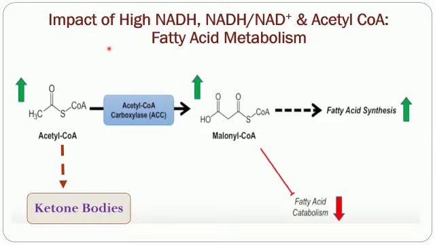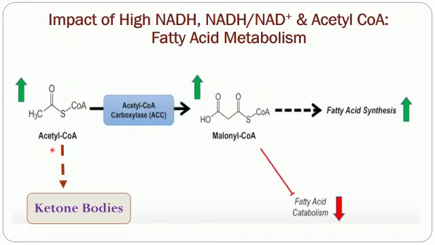Now the impact of high NADH and acetyl CoA on fatty acid metabolism. As you know, acetaldehyde is converted to acetate and acetate is converted to acetyl CoA. So there's increased concentration of acetyl CoA, and now what will happen to acetyl CoA because TCA is depressed?